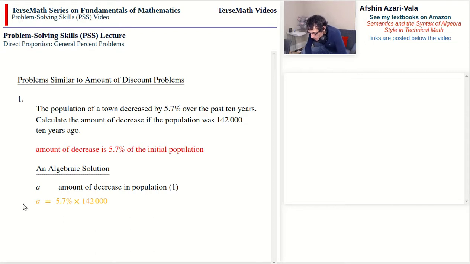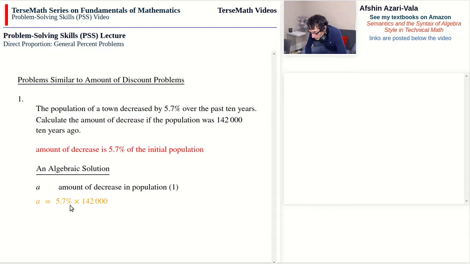Now I write this in orange or faded color because normally we prefer to write our equations with decimals in place of percentages. So normally the percentage is converted to a decimal and then put into an equation.